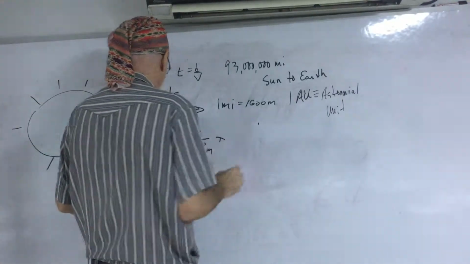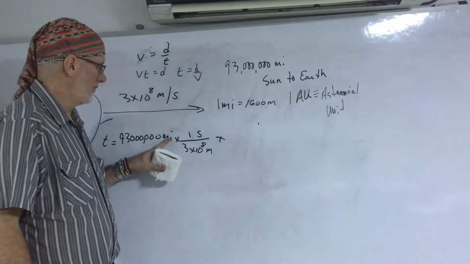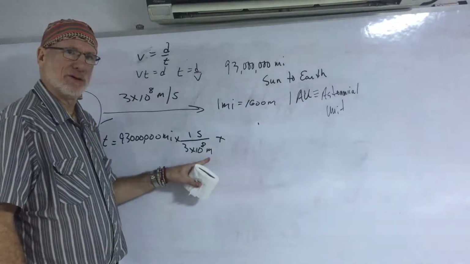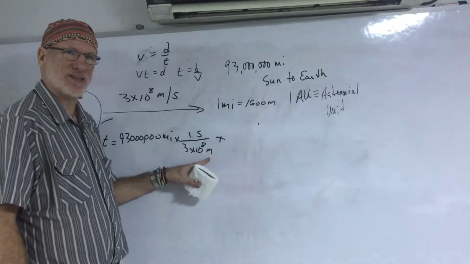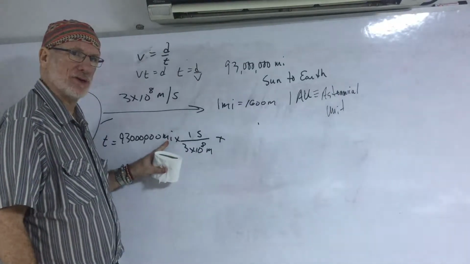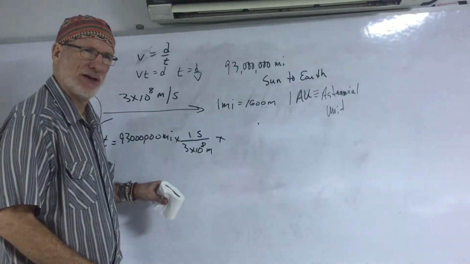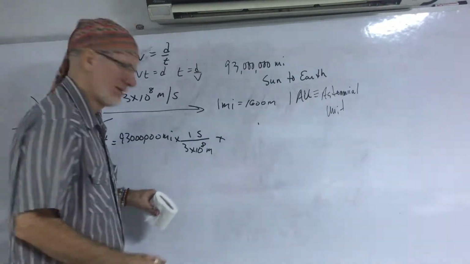So now, I have to get rid of miles and meters, right? They have to cancel. So what do I have to do? If I change miles to meters, will that do it? You guys haven't done this kind of calculation much before, have you? Okay.